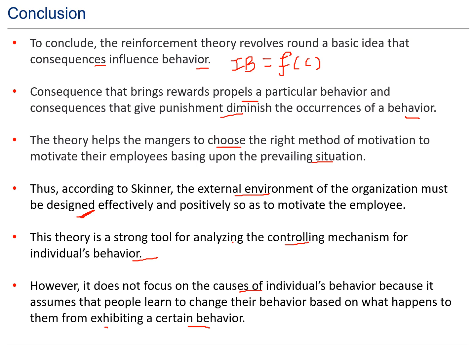But this theory does not focus on why a particular employee is behaving like that. So the cause is unknown, but what this theory shows is that when a particular behavior is curbed by a particular consequence given to them, then the employee's behavior can always be altered.